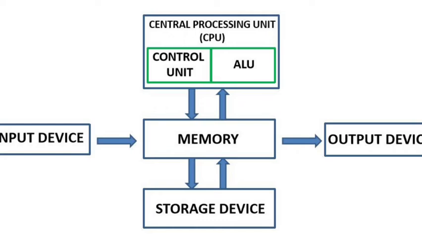Once it has decided it's an arithmetic function, the control unit directs it back to the memory. At that point, processing is being done.